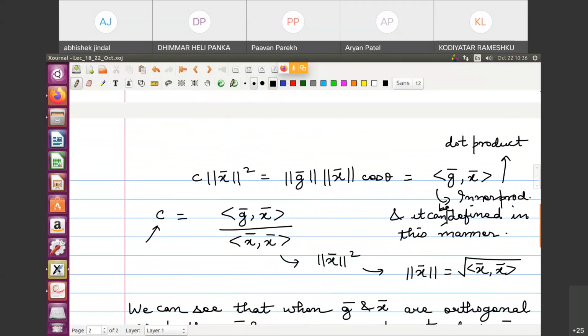Why I didn't say dot product before is that we have not yet specified what G and X are. We have not yet specified the dimension as well. But for the time being, we can assume that we are working in some n-dimensional space, which has a parallel with the Euclidean space. In the case of Euclidean space, all these things are well defined.